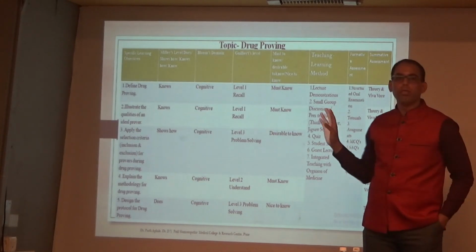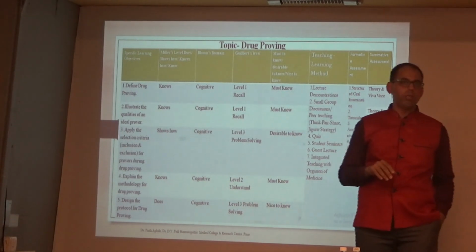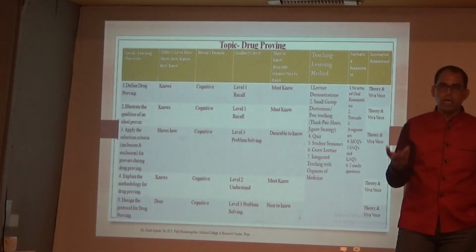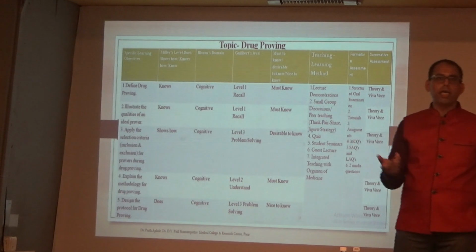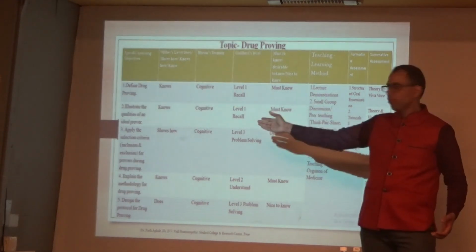It is desirable to know. We are not expecting that each and every student must know how to apply the knowledge of inclusion or exclusion criteria. If some students are bright enough and want to design a protocol, then it is desirable to know.